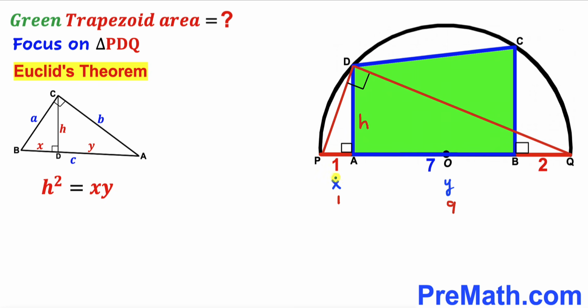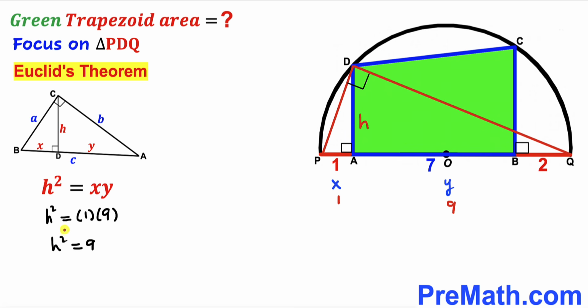In our case, our x value is 1, y value is 9. Let's go ahead and fill in the blanks in this formula. So we get h square equals x value 1 times y value 9. Therefore h square is going to be equal to 9.